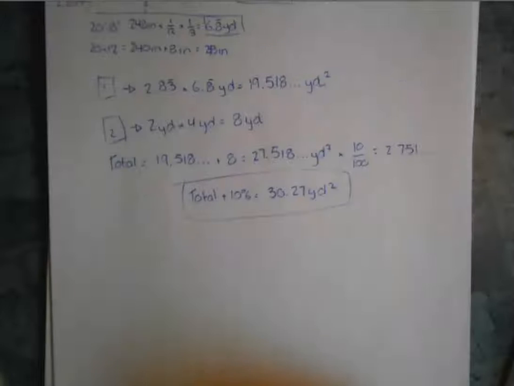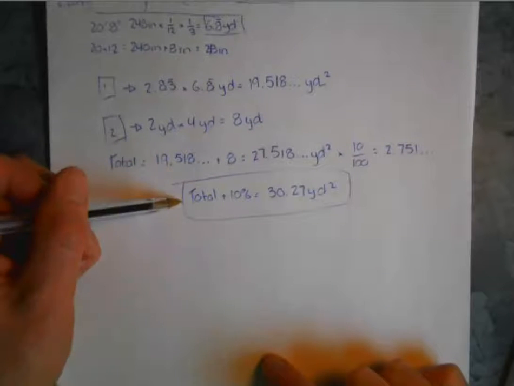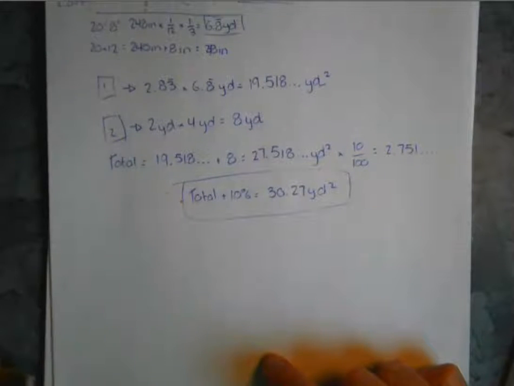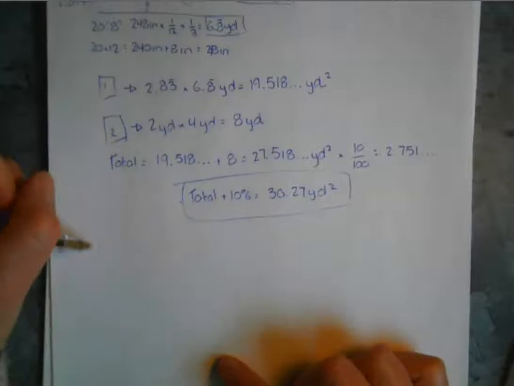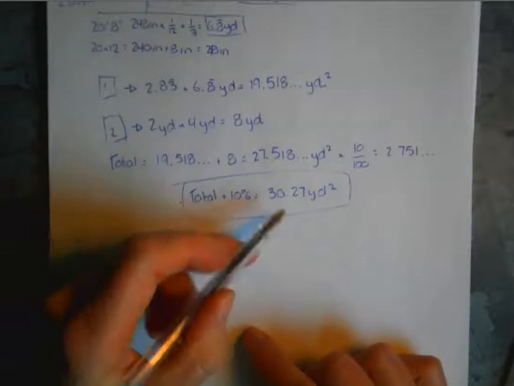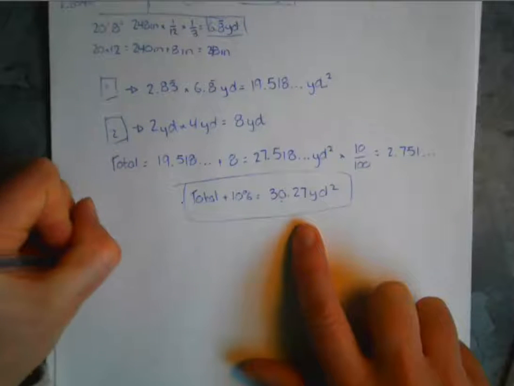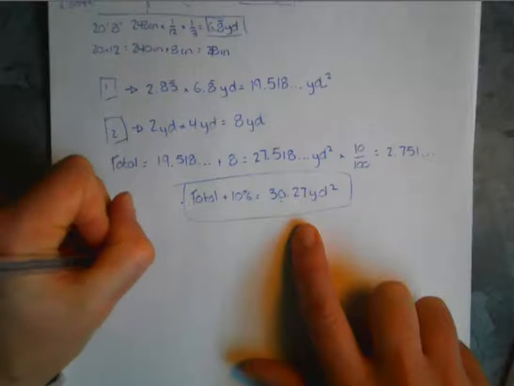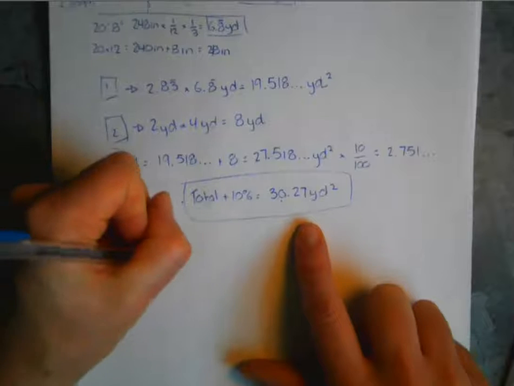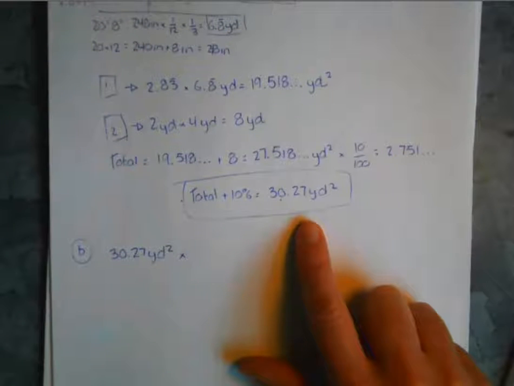Okay, then the next question, so we have the total that she needs to buy. The next one is where should she buy it? So with this, we just need to compare our costs. So for part B, if this is her amount in yards, she has 30.27 yards squared. We just need to multiply that by the price, right?